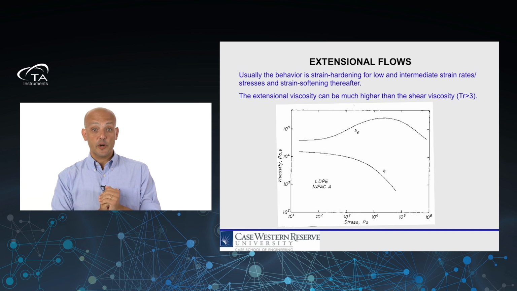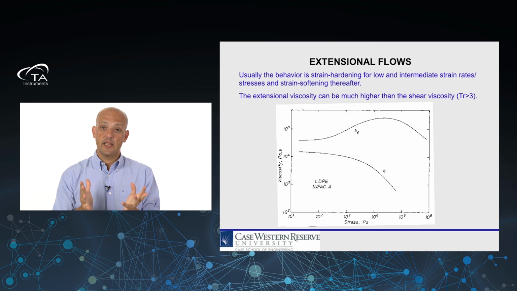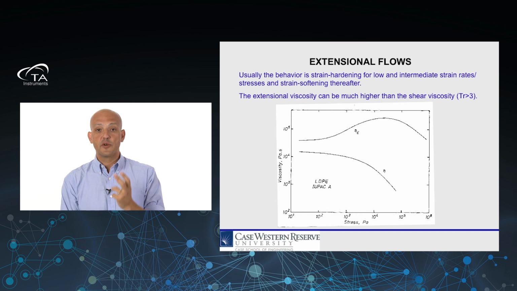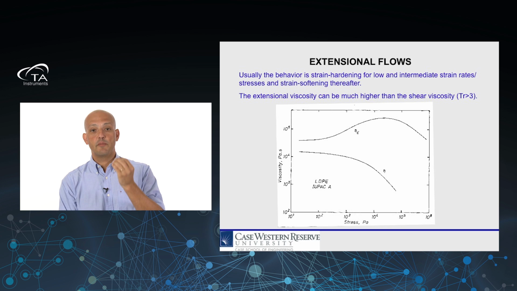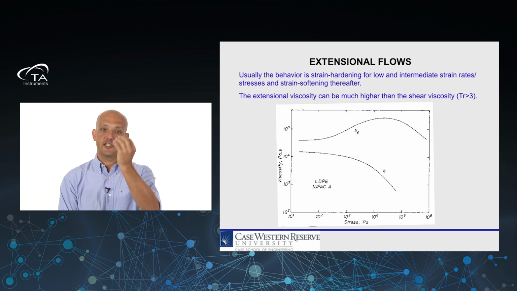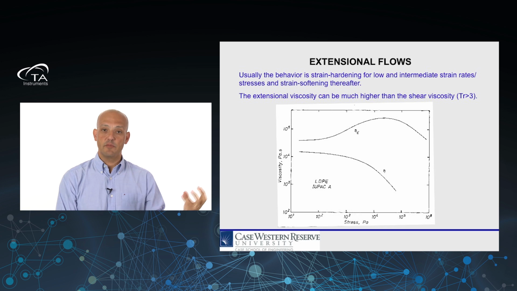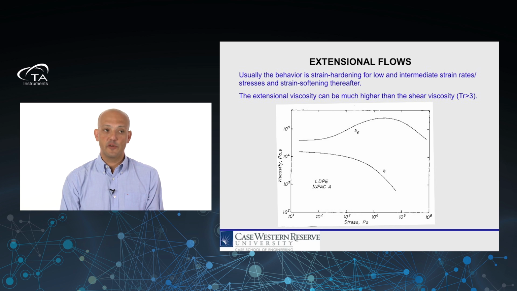Now, if we look at the upper curve, things change dramatically. At low stresses, because all the polymers behave at slow enough flow rates, at long enough times, everything behaves like a Newtonian fluid.